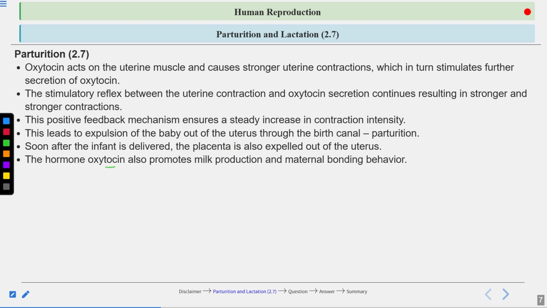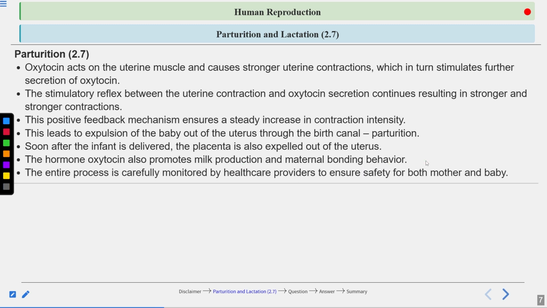The hormone oxytocin also promotes milk production and maternal bonding behavior as well. These are some other roles of oxytocin. The major role here is to stimulate the uterine contractions. The entire process is carefully monitored by healthcare providers to ensure safety for both mother and baby.